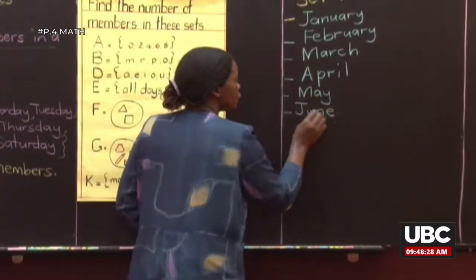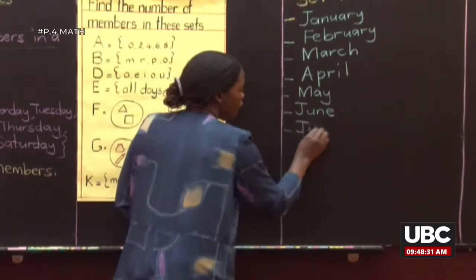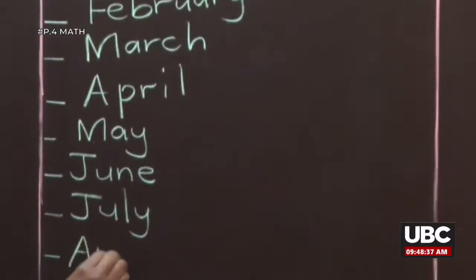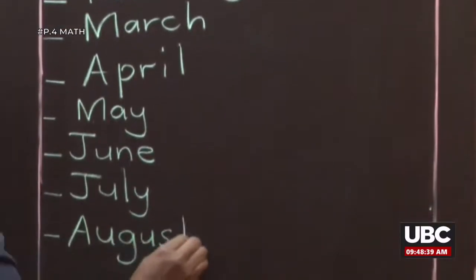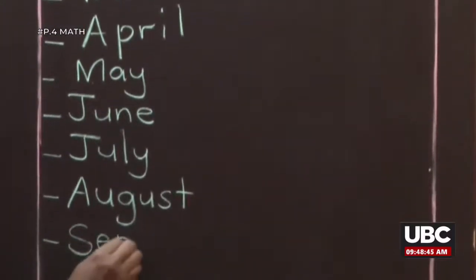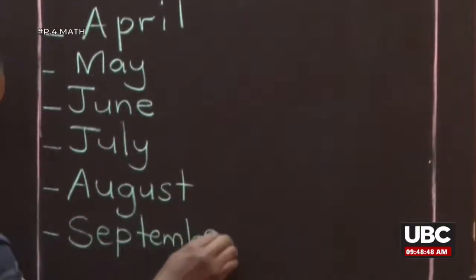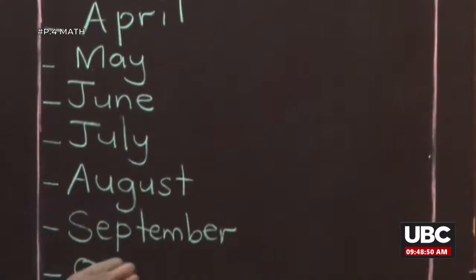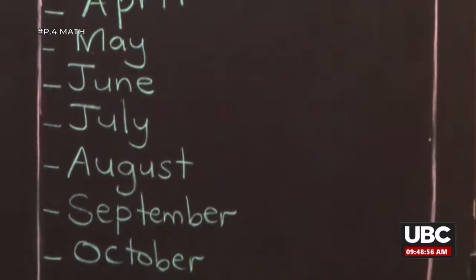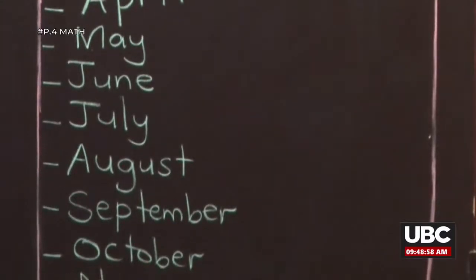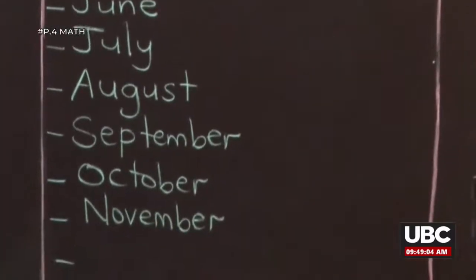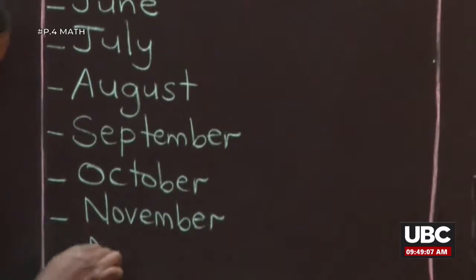We have June, July. After July, we have another month called August. Then we have September. We have October. After October, we have November. And our last month, December.